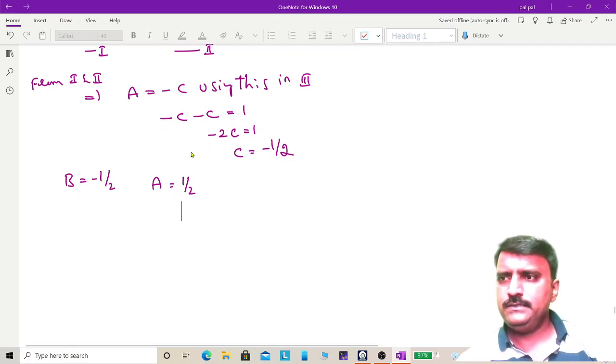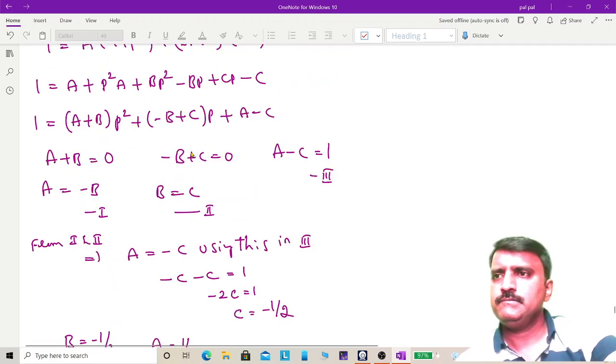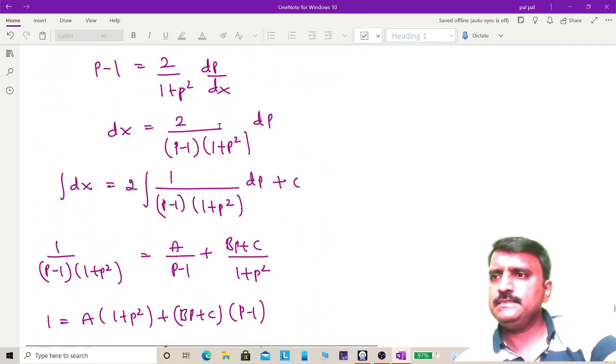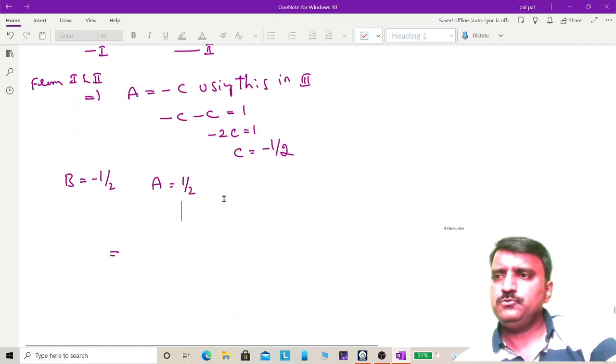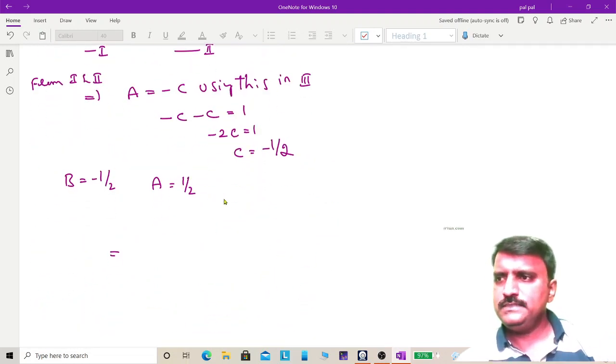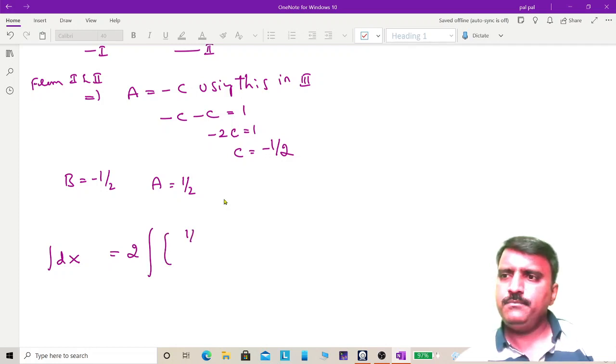So the left hand side is integration of dx, which is equal to 2 into integration of a by p minus 1 plus bx plus c.